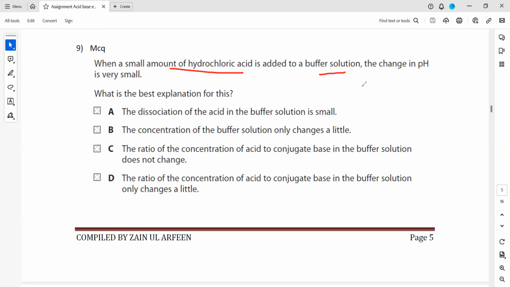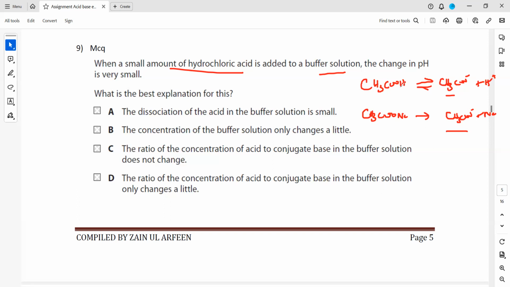So say we have a buffer solution of ethanoic acid. This will dissociate into CH3COO and H plus, and if we have its salt CH3COONa, it will dissociate into CH3COO minus and Na plus. So we have an excess, a bulk, of the negative ion.